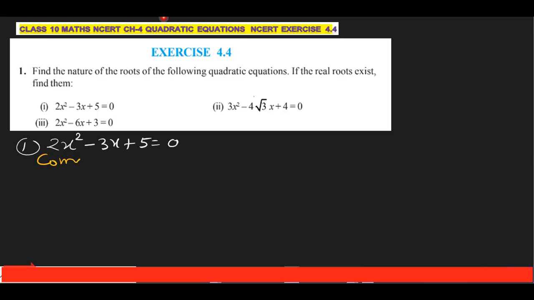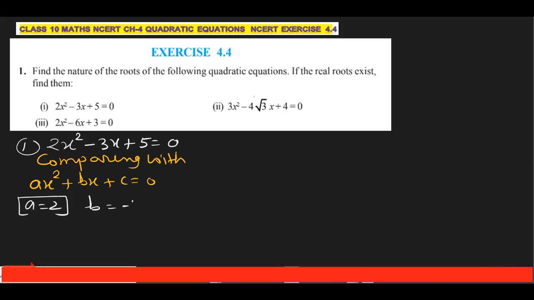Comparing with the standard form, that is ax square plus bx plus c is equal to 0, we have a is equal to 2, b is minus 3, and c is 5. पहले हमें x square coefficient, that is a, coefficient of x, that is b, and the constant term, that is c, find out करना होता है.